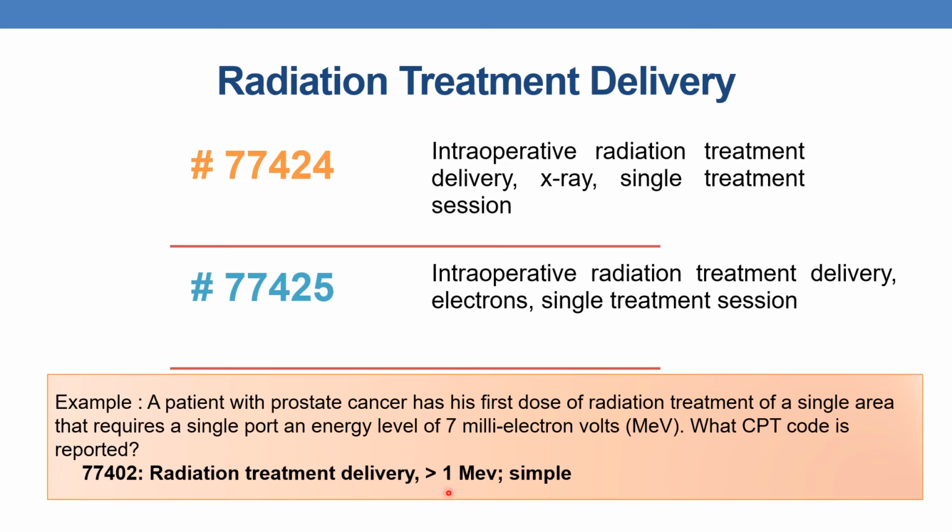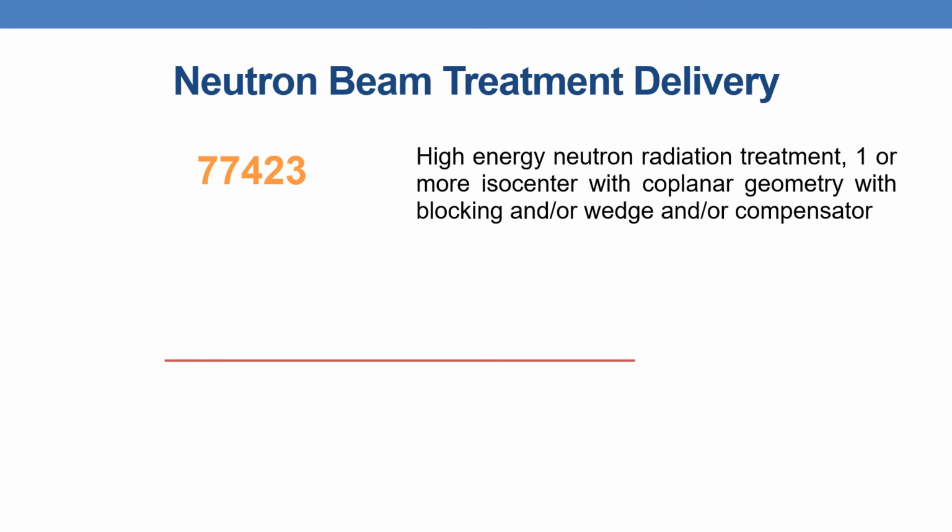Energy used is greater than 1 MeV. Energy used is 7 MeV. Now coming to neutron beam treatment delivery, there is only one CPT under neutron beam treatment delivery, that is 77423. High energy neutron radiation treatment, one or more isocenters with coplanar geometry with blocking or wedges or any compensator.